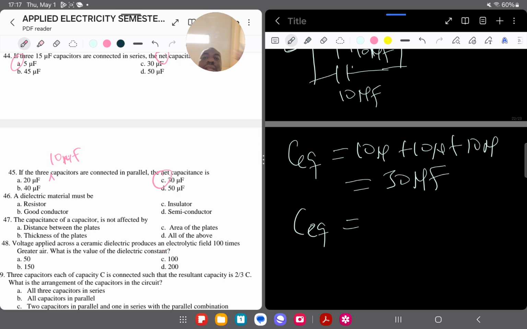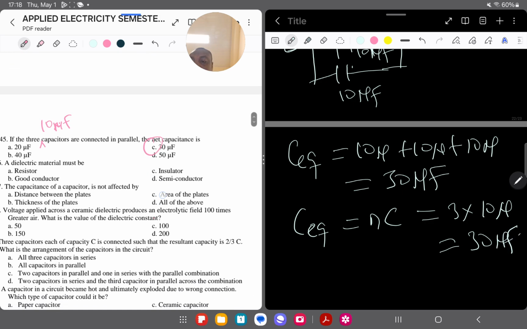Since each of them is 10 microfarad, that means they are identical. So we can use N times C, where N is the number of capacitors, and there are 3 of them, so 3 times the capacitance of 10 microfarad, which again gives us 30 microfarad. So the answer here is 30.